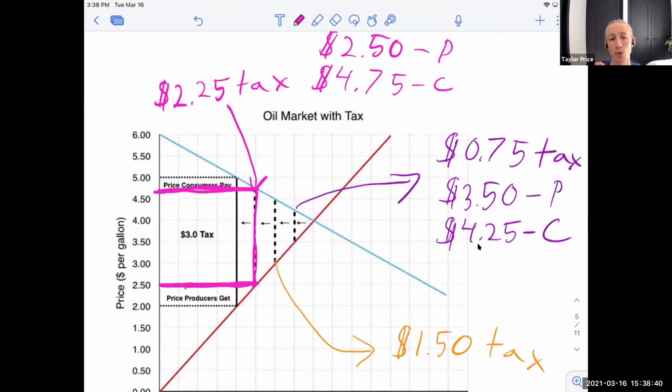So that's how you think about the tax wedge, because I know I had a lot of questions on that. So the tax wedge is basically the intersection point on the demand curve and the intersection point on the supply curve and the difference between those two.